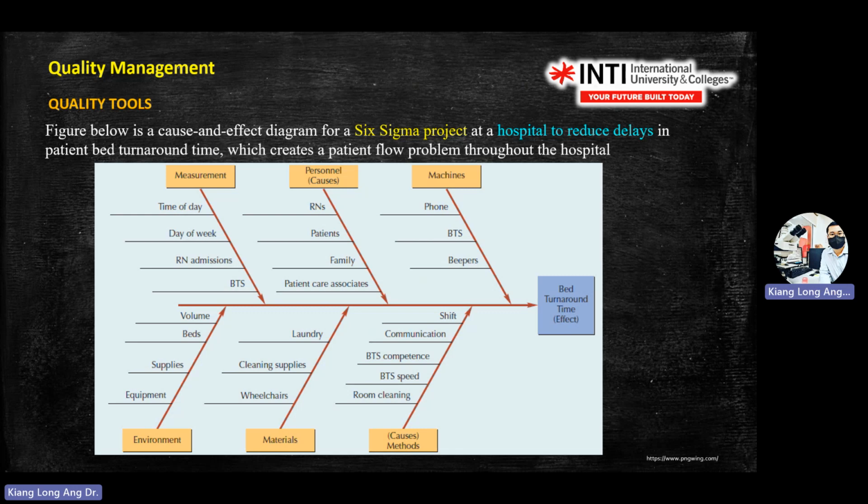So how did they build this chart? First, they name the problem at the head. The head is the problem. So they always put the problem or the project objective here. In this case, they put bed turnaround time here, the effect. This is the cause and effect. This is the effect, right?